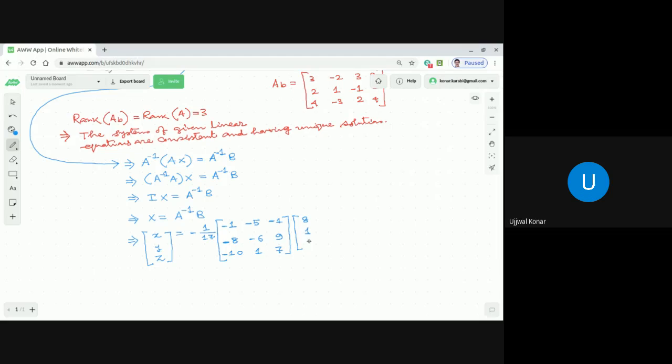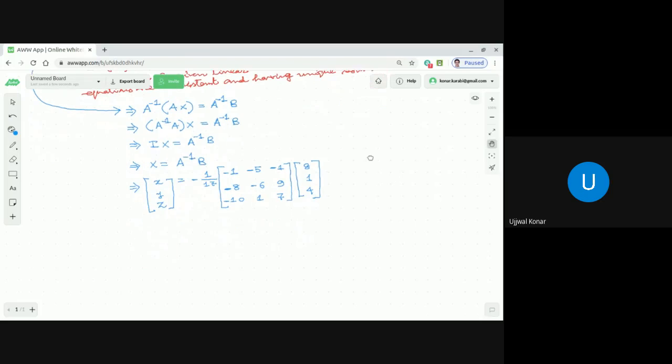If you multiply these two matrices on the right hand side and simplify, you are going to get X, Y, Z equal to 1, 2, 3.